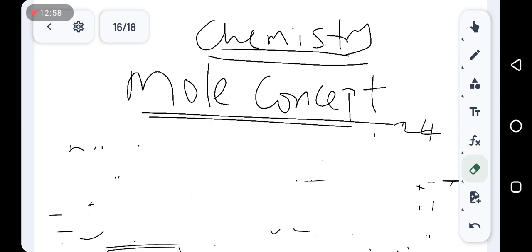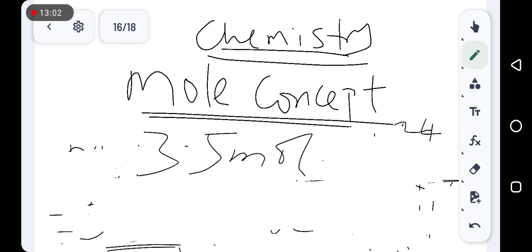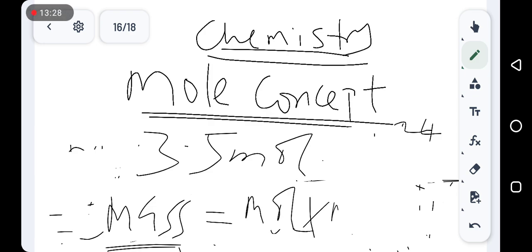We are given sodium chloride, and the moles is 3.5. We are asked to calculate the mass of it. Now remember, I said that when mole is given to you and you are asked to calculate the mass, the formula is that mass is equal to mole times molar mass.